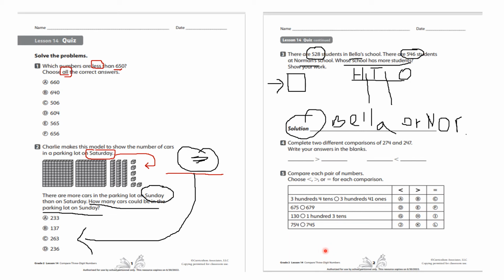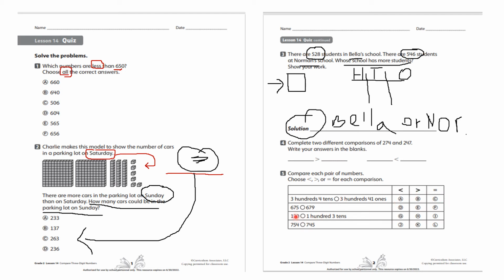Write down here what 341 ones is. Which number is greater? Is it greater than, less than, or equal? So is 3 hundreds, 4 tens greater than, less than, or equal to 341 ones? You'd mark your answer over here. Don't worry about this here. Mark your answer over here.